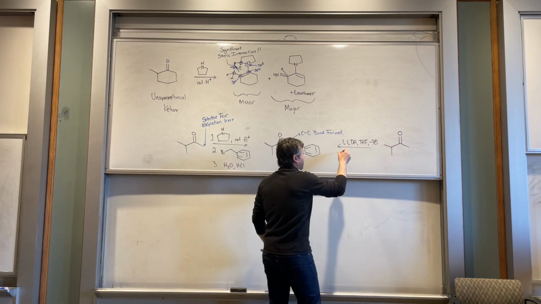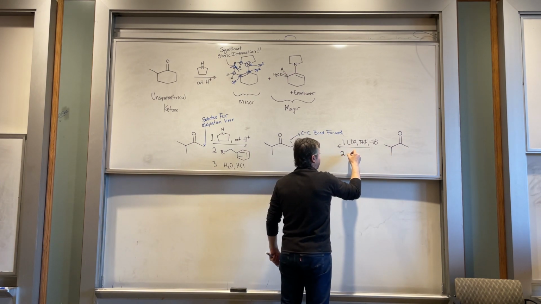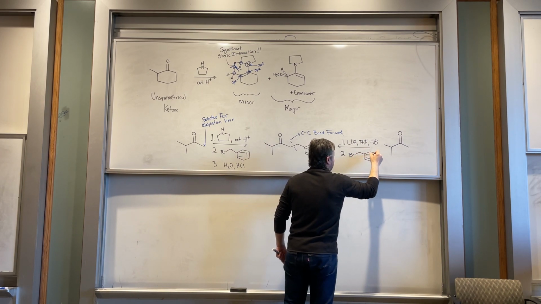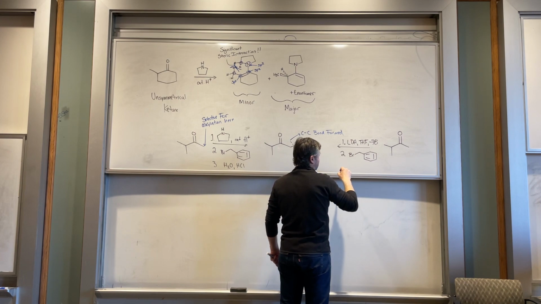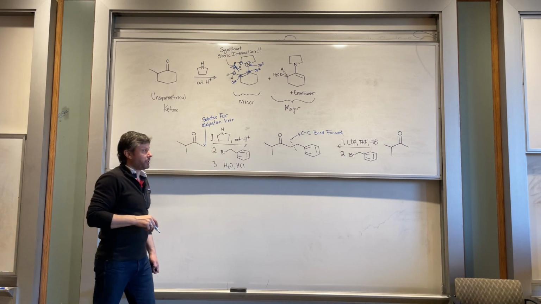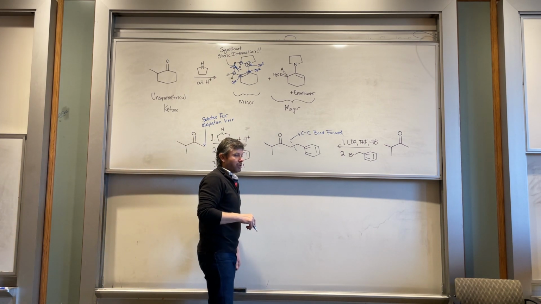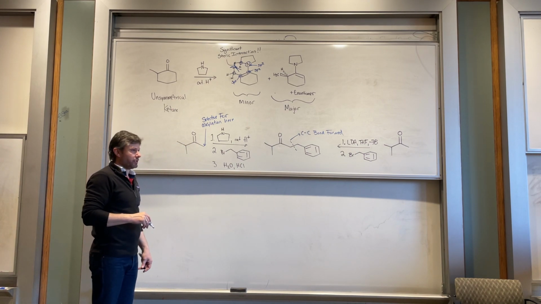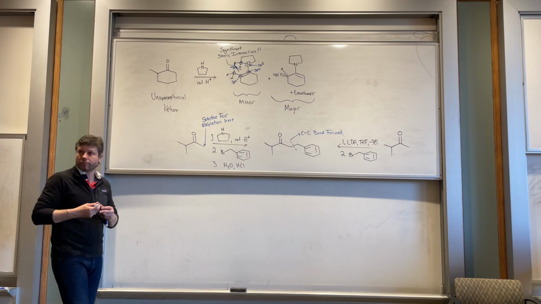Once we have the kinetic enolate, we can throw in the appropriate electrophile. If we wanted, we could do a quick acidic workup, but for this we don't really need to show that. We get to the product directly.